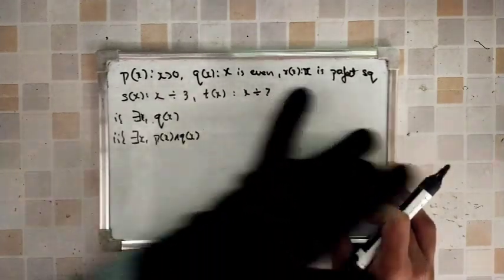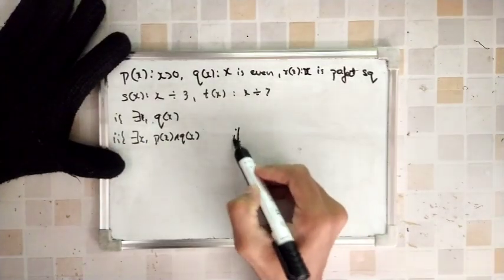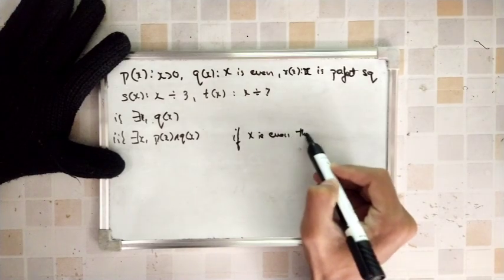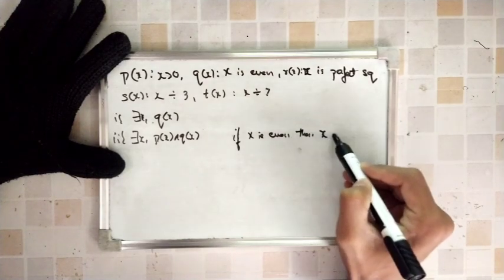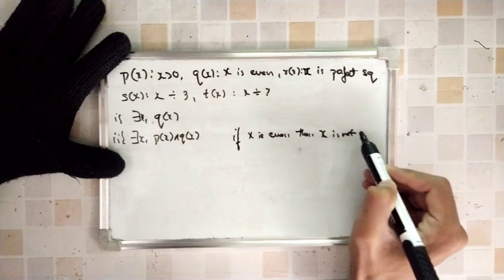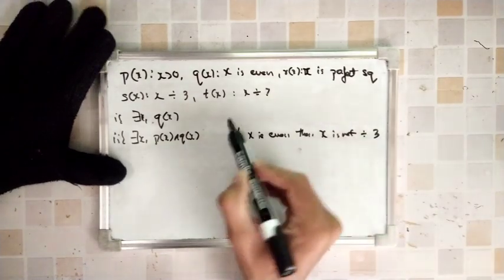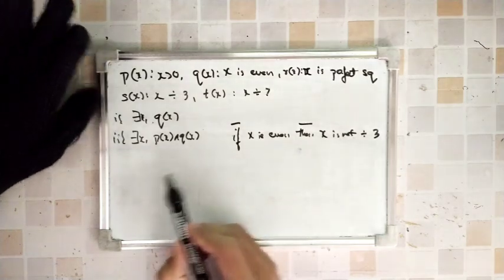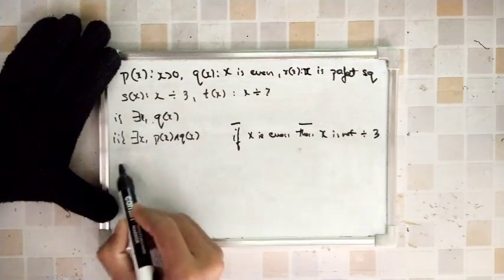If x is even, then x is not divisible by 3. Now see here, it is if-then, so I should have this in the form of implies.